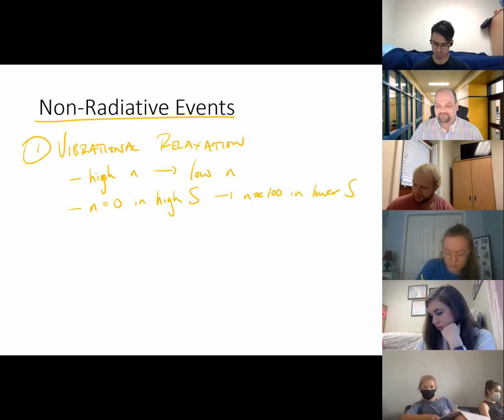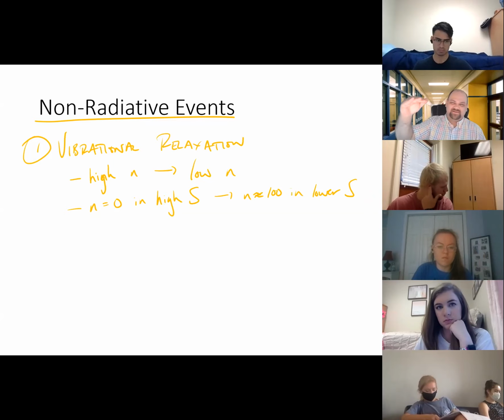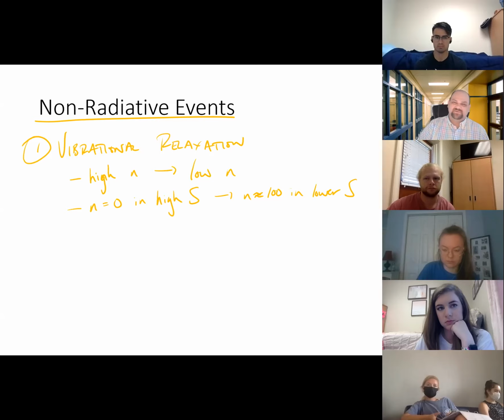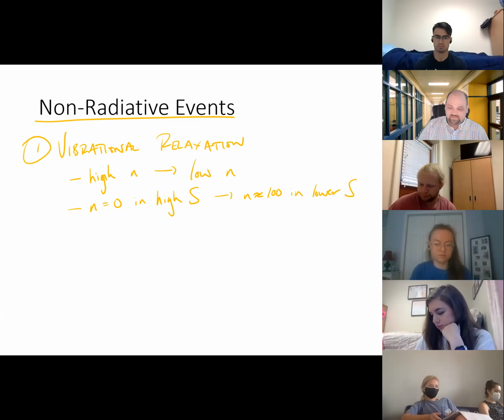Right? And of course, as soon as it's in that lower singlet state, in 100, it's going to vibrate back down to low N, but stay in that same singlet state. And so with vibrational relaxation, we can convert between both either just vibrational states or sort of a combination of vibrational and electronic states.